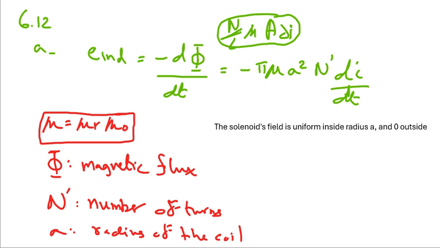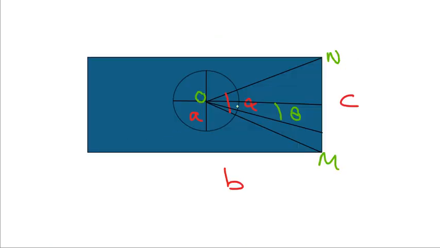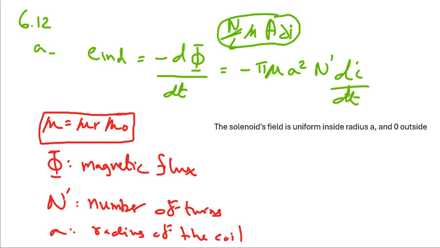So the area will be pi a squared, because the radius is given as a, not alpha. Alpha is the angle. A is the radius. And that's how we got the pi a squared.